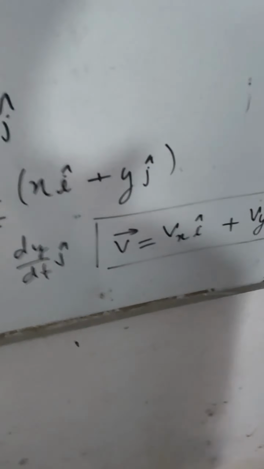So this is the velocity in vector form in a two coordinate system.